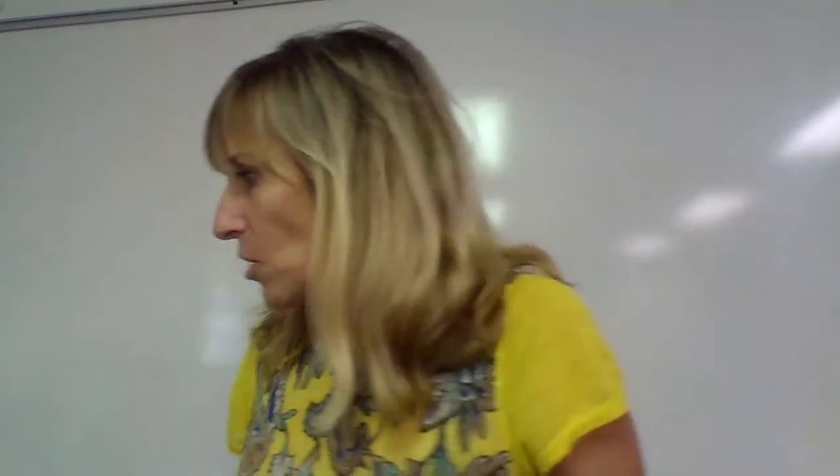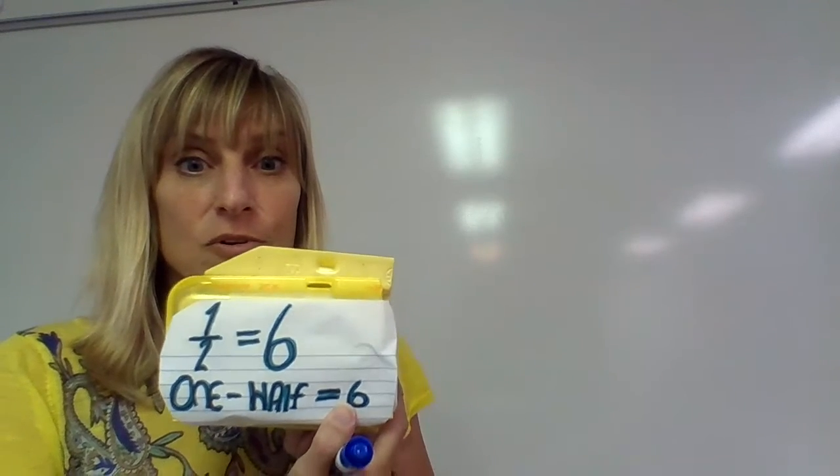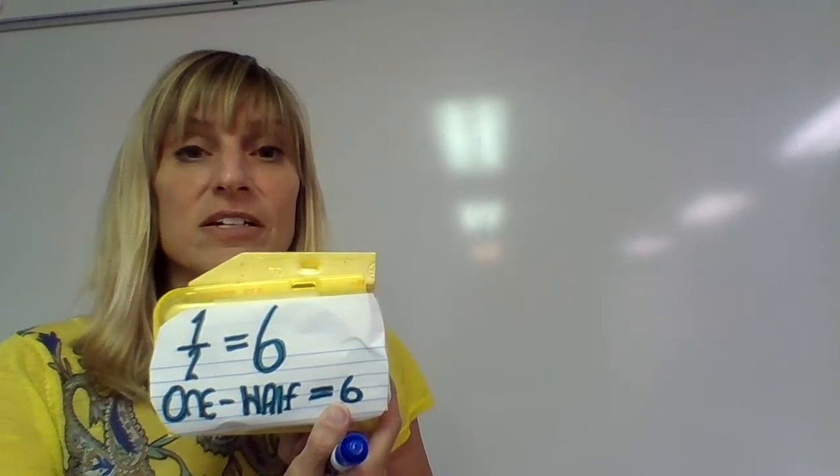All right, we're going to talk about multiplication twins, and I'm going to use an egg carton. And before I show you my egg carton, I want to show you this. There is 1, 2, 3, 4, 5, 6. What is another way to say the number 6 when we're talking about an egg carton? And that is 1/2 dozen.